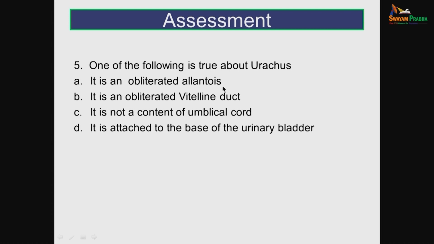We have mentioned earlier that allantois gets obliterated to form a fibrous cord which is called urachus, which will extend not from the base but from the apex of the bladder to the umbilicus, and it becomes a content of the umbilical cord. So the answer is it's an obliterated allantois.